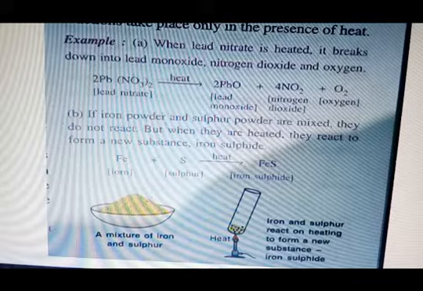So 3 conditions: number 1, close contact; number 2, solution form; number 3, heat energy.